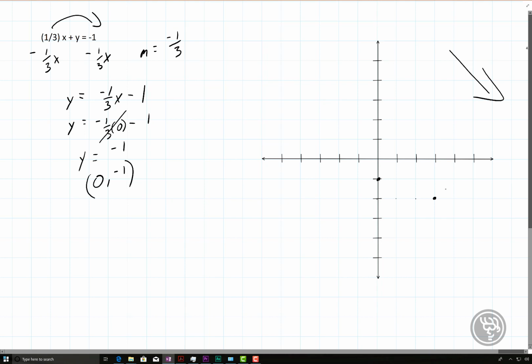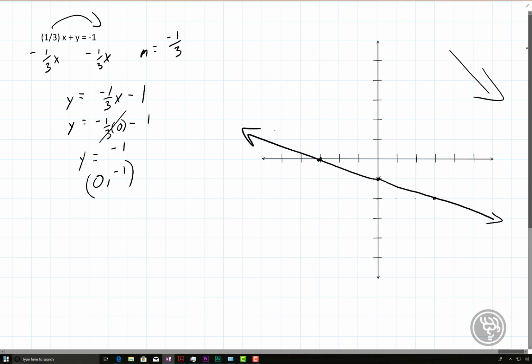And then we can go back the other way and just go up 1, and then over 3. 1, 2, and 3. So those are your 3 points. Those are the points that will make your line. Your line should look something like that and like that. Okay, so we have our points.